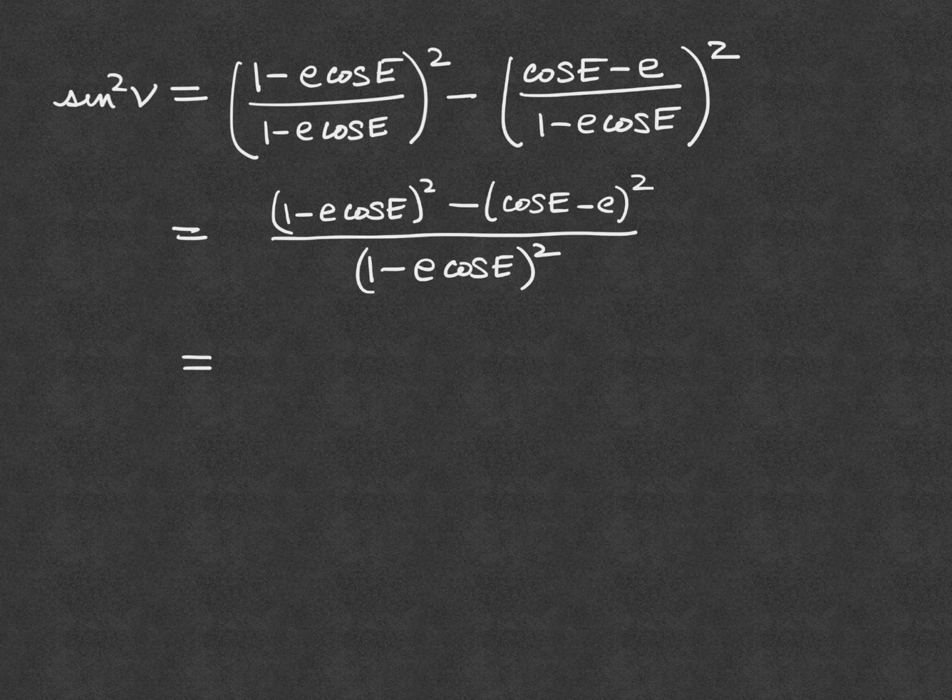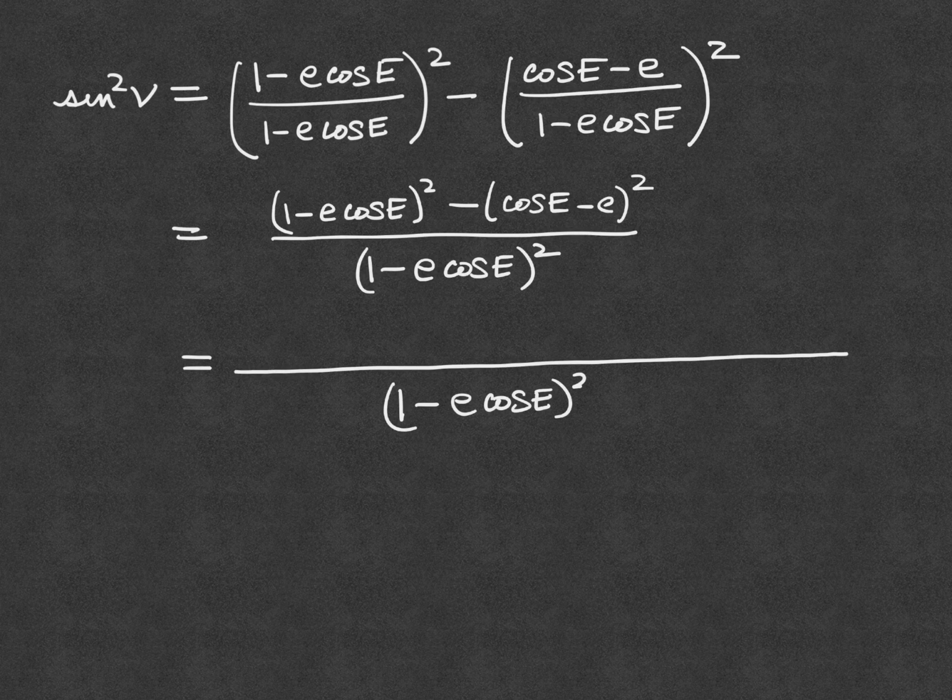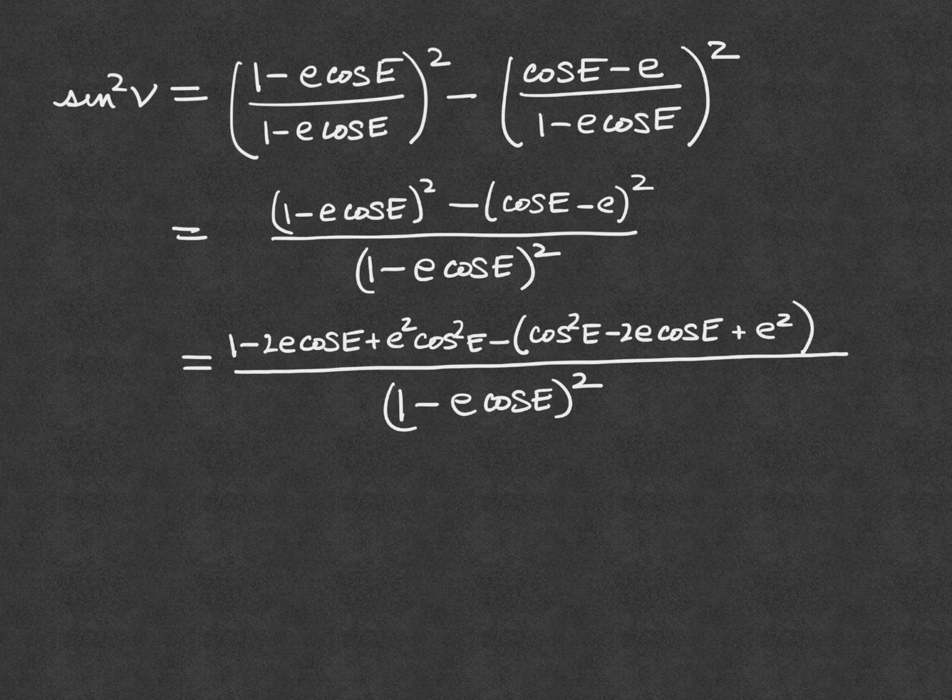So this last expression becomes, when I expand out the numerator, and I'm going to leave the denominator alone here, (cosine E) squared. So I get 1 minus 2e cosine E plus e squared cosine squared E, minus, and I get cosine squared E minus 2e cosine E plus e squared.